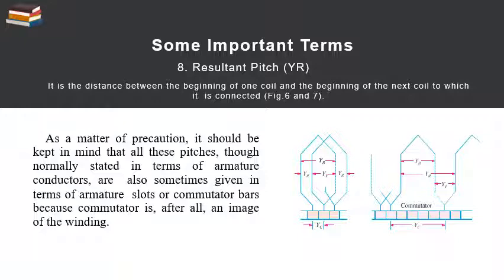As a matter of precaution, it should be kept in mind that all these pitches, though normally stated in terms of armature conductors, are also sometimes given in terms of armature slots or commutator bars, because the commutator is, after all, an image of the winding. So in figures 6 and 7, we can see YR. YR is called the resultant pitch.